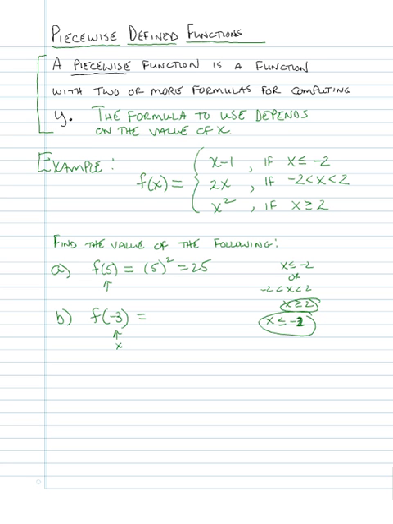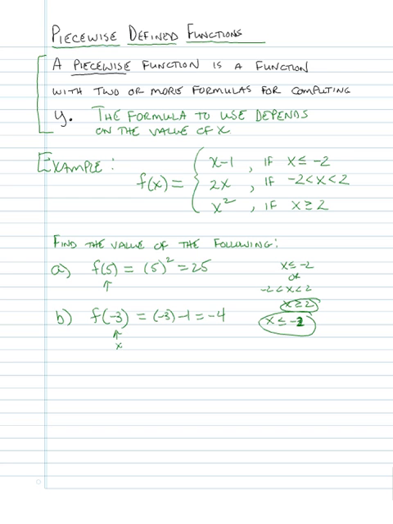So we put our negative 3 in for x and subtract 1, and we get a negative 4 result. So we only use one formula for a given x. We don't use all 3 formulas or 2 formulas simultaneously. We use one single formula, and the value of x tells us which formula we have to use to calculate y with.